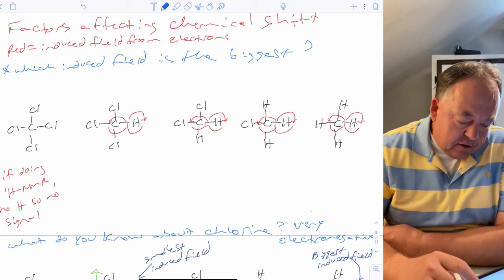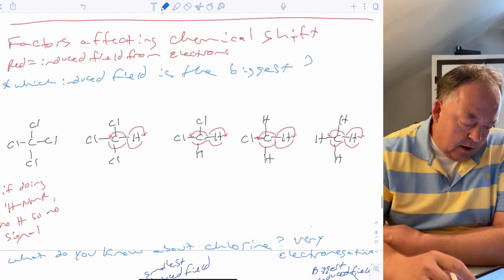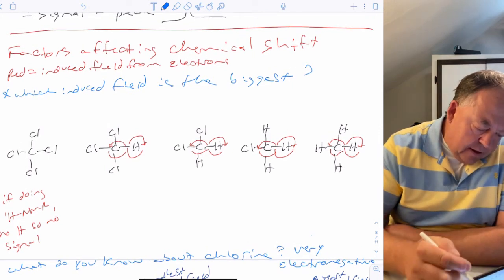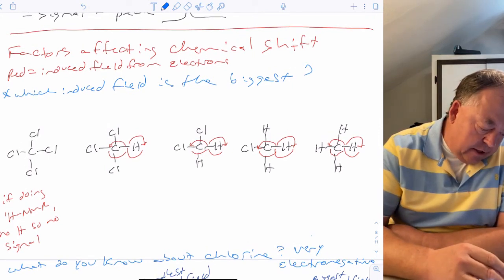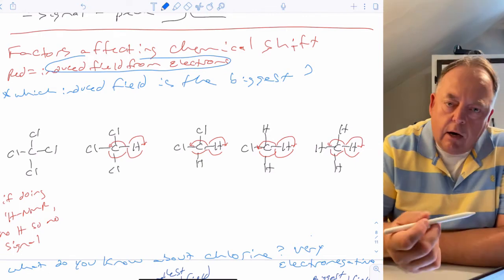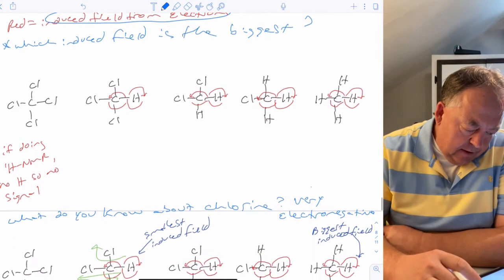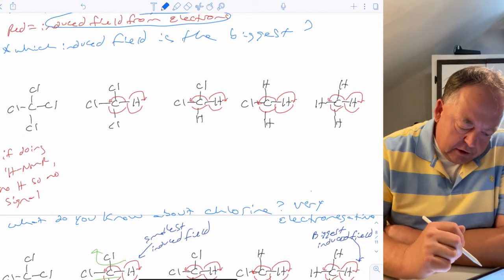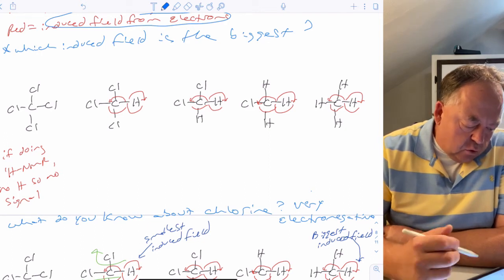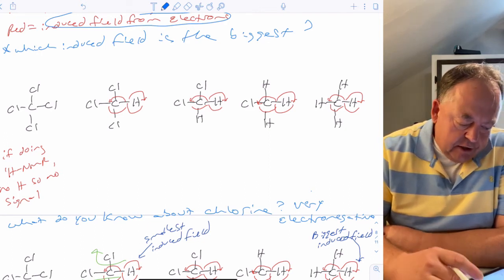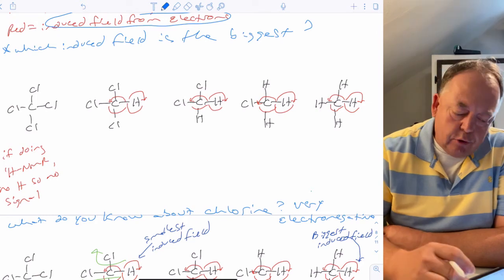Okay, so what factors affect chemical shift? That would be the induced field from the electrons in the bond around hydrogen. Okay, so if we took these 5 molecules, which one is going to require the most energy for a hydrogen to do a nuclear spin flip?